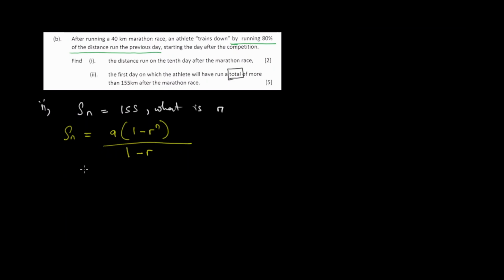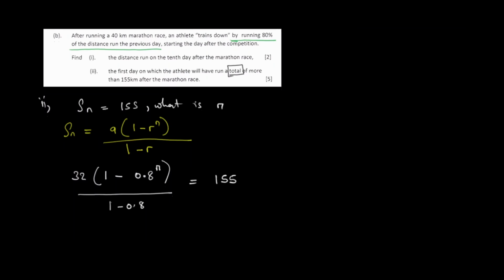Saka this equation inge yava chi a, which is 32, 1 minus 0.8 to the power chi n yatisiri kuziva over 1 minus 0.8 should be equal to 155. Ndo equation yatifunga kusolve. Saka apa ndichakumbirawo yo calculator inini. Alright, let me just use yandinayo.